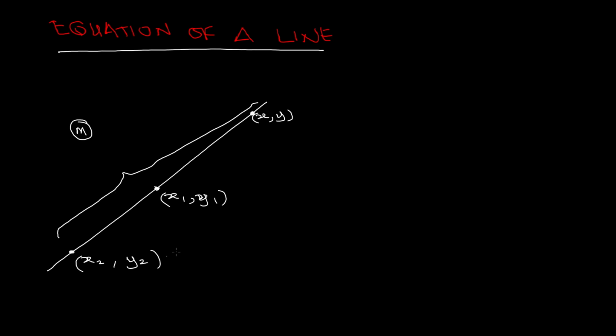Now, this section here will have a gradient called m1, and that section here will have a gradient called m2. So we have m1, we have m2, and then we have m this side.